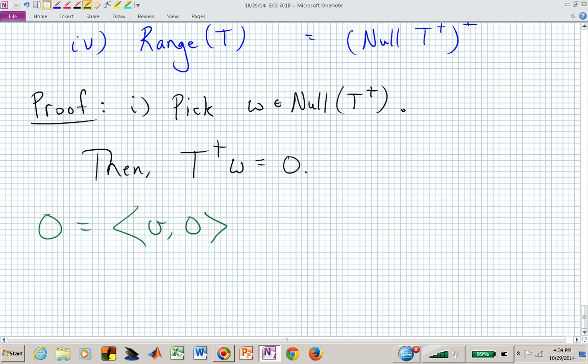But now let's take that 0 vector to be this T dagger W. Since T dagger W is 0, we can now say that this implies that the inner product of V and T dagger W is equal to 0 for all vectors little v in capital V.